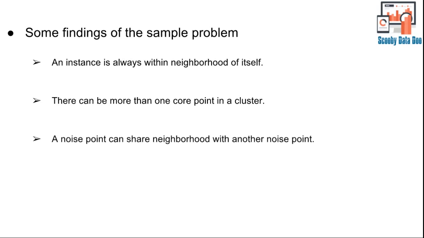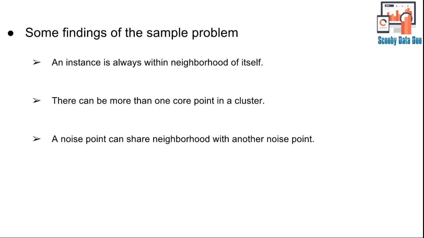And if you have already become pretty much familiar with the definition of core point, border point, and noise point, this finding is useless for you. But still, some of you might get confused when you see a point is sharing neighborhood with another point, but still it's a noise point. How?